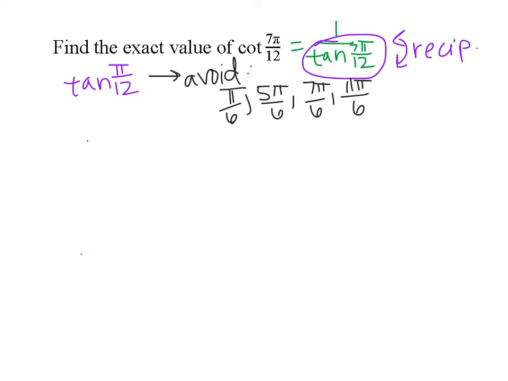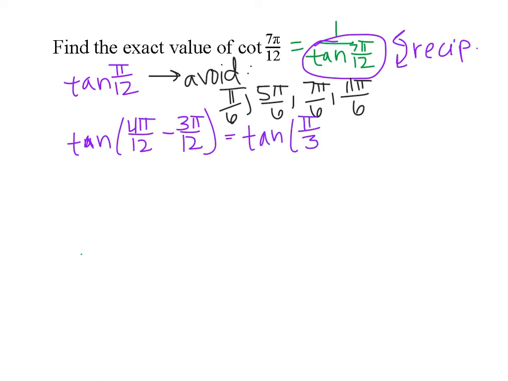So for 7 pi over 12, it looks like we should be able to do 3 pi over 12 and 4 pi over 12. So we are going to do tangent of 4 pi over 12 plus 3 pi over 12. Simplify, reduce those fractions, and you get pi over 3 plus pi over 4.